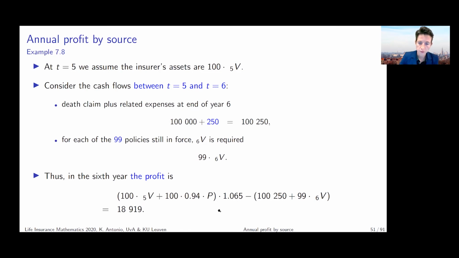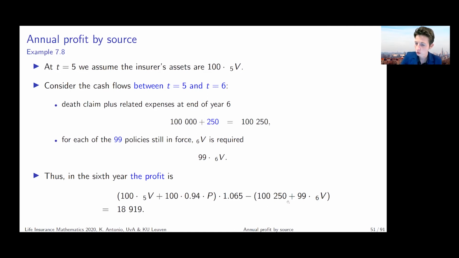So the profit that we're making in this particular year is obtained by making the difference between the capital that we build up from time 5 to time 6, taking into account the actual expenses and the actual interest rate, and subtracting from that the capital that we need to settle our death benefits and expenses on the one hand, and to make sure that we hold enough capital for the surviving policies on the other hand.